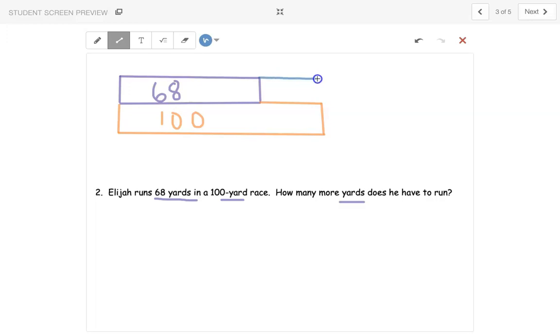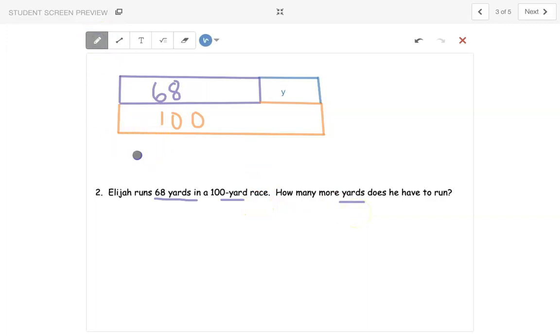What is that missing piece? How many more yards does he have to run? It said to use a symbol, so I'm going to put Y for yards. How do I find that missing piece? It says how many more? How many more to me says subtraction.